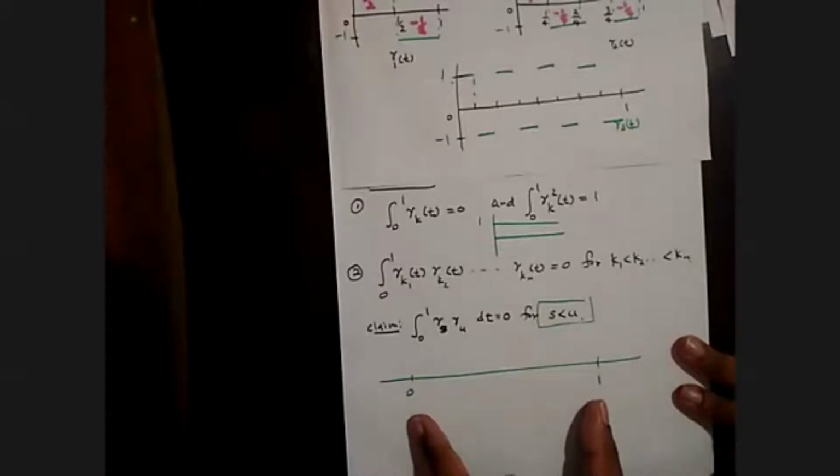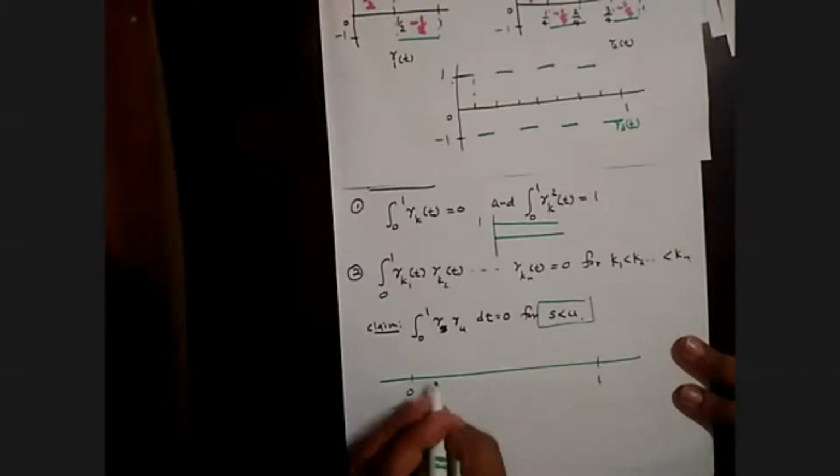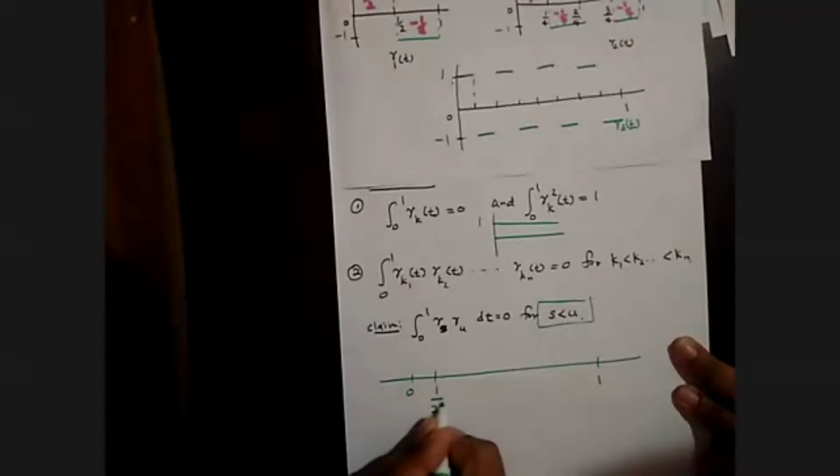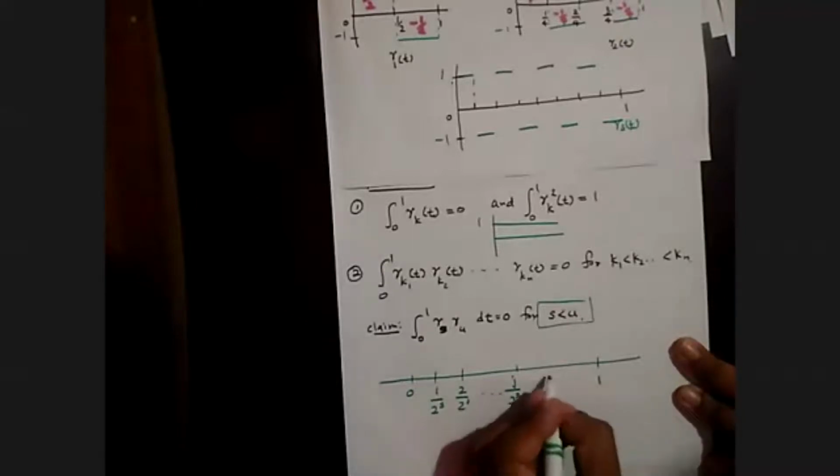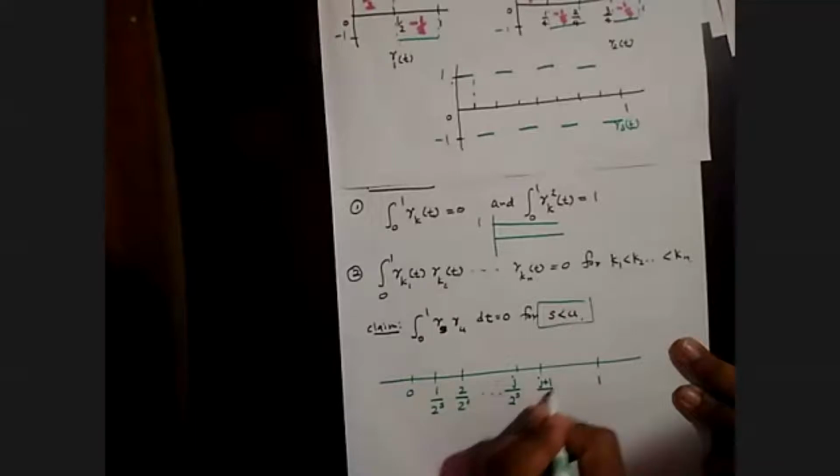We know that in the S level, I divide the unit interval into 2 to the S subintervals. So I will have 1 over 2 to the s, 2 over 2 to the s, and if I write the general term, j over 2 to the s and j plus 1 over 2 to the s, all the way up to 1. That's the behavior.